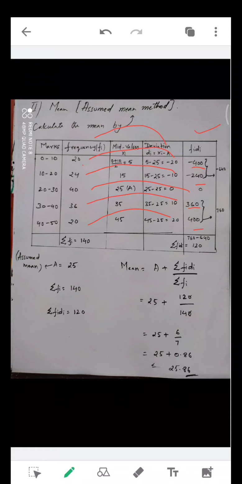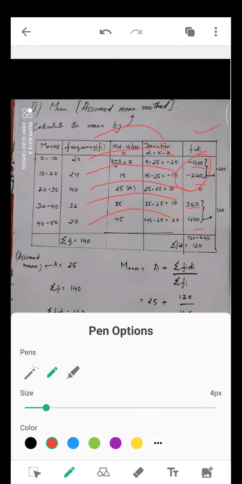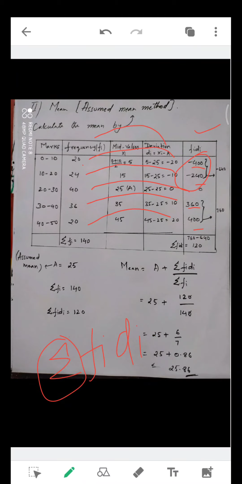After multiplying, I need to find sigma fi di. What is the meaning of this? I already said, that is sum. So when you add, the easiest way is you add the negatives first.